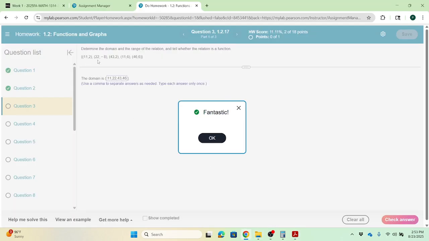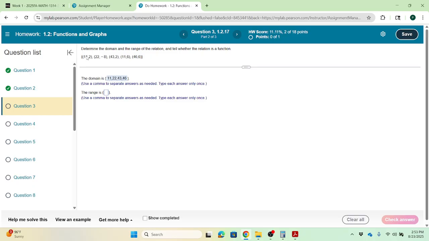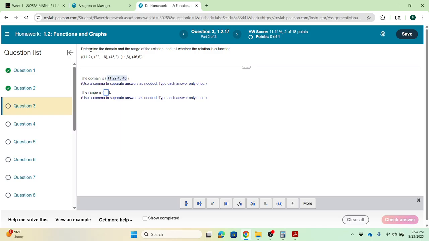This problem is not a function because 11 is repeated, but this is a relation because 11 has a 2, 22 also has a negative 8, and 11 has also 6. So this is a relation, but it's not a function. What about the range? Range means the y coordinate, the collection of all the y coordinates. In this case it's 2, negative 8, 2 is repeated, no problem with that. 2, negative 8.